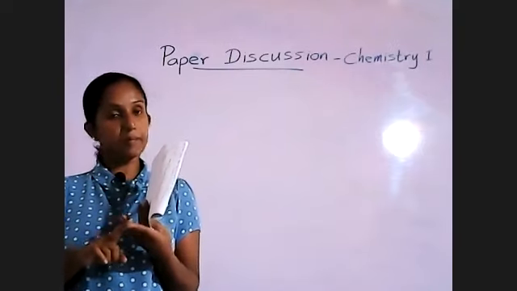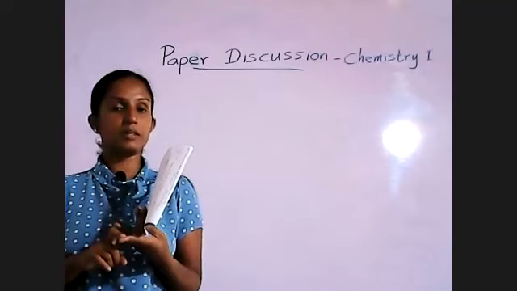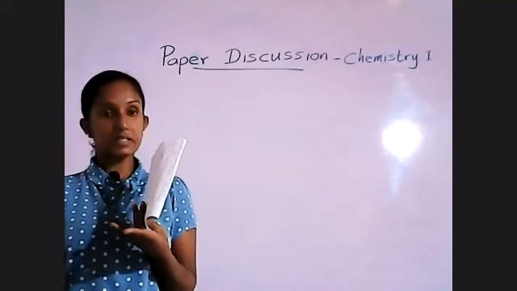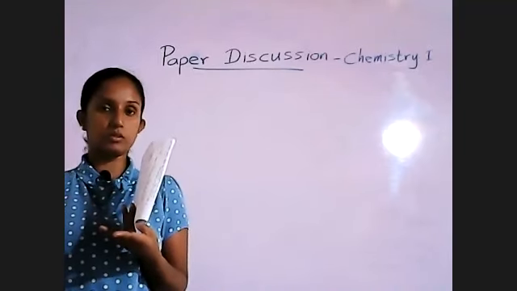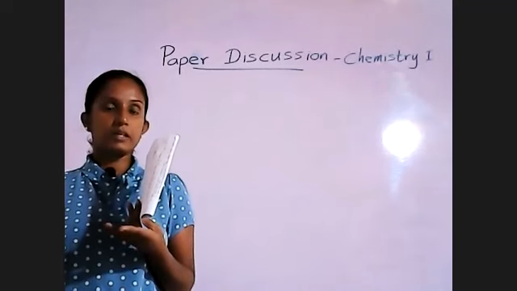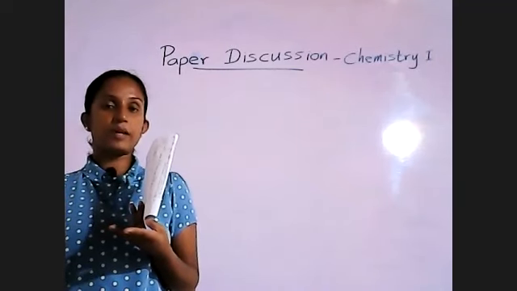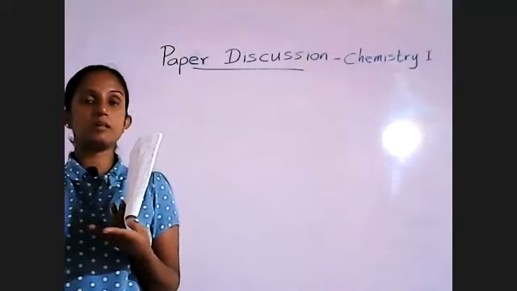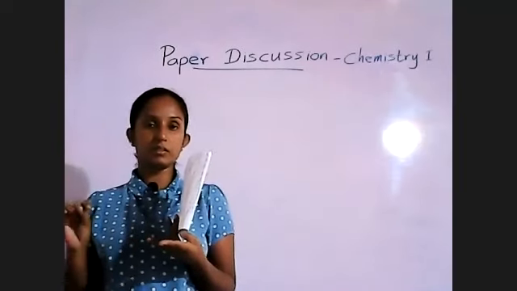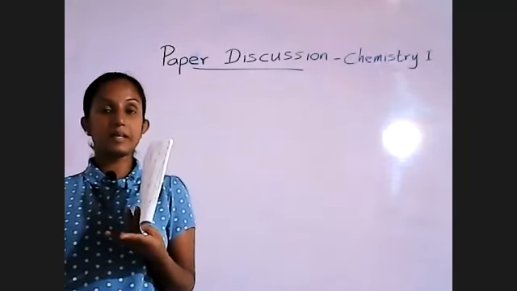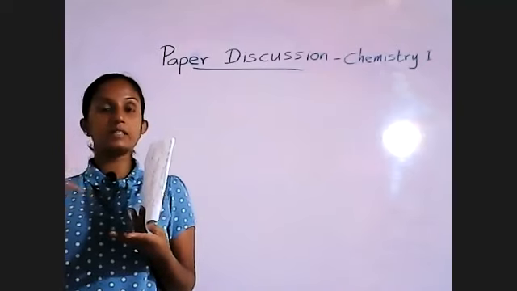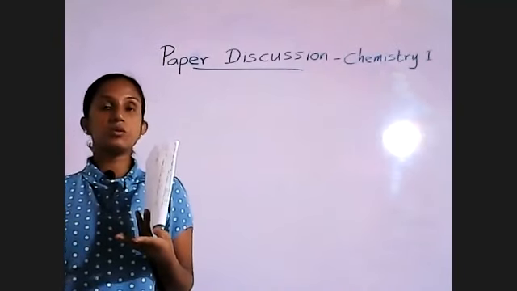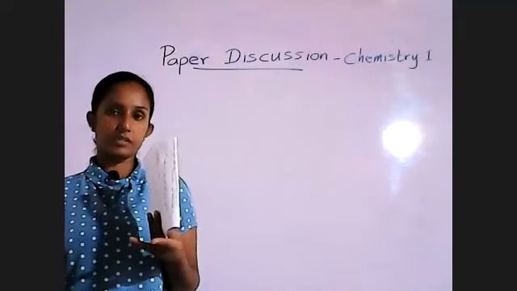If there is a temperature change, you can write that, right? If there is a color change in the solution, you can write that also. Those things you can write as the observation, right?